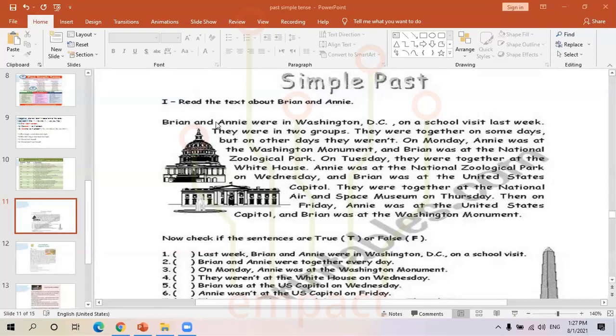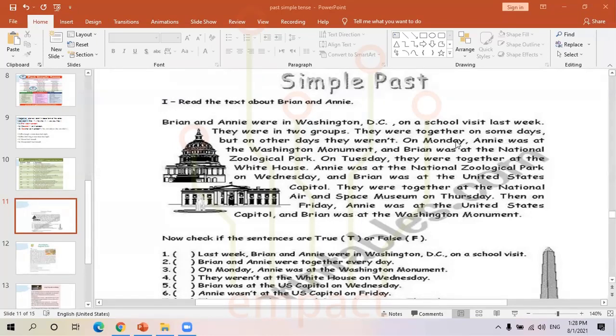Brian and Annie were in Washington, D.C. on a school visit last week. They were in two groups. They were together on some days. But on other days, they weren't.